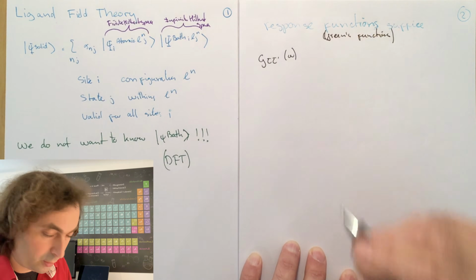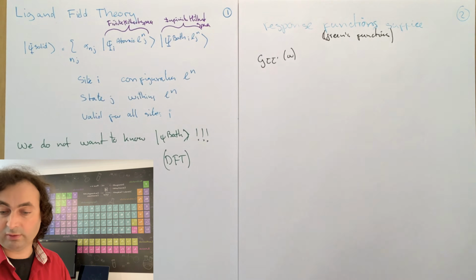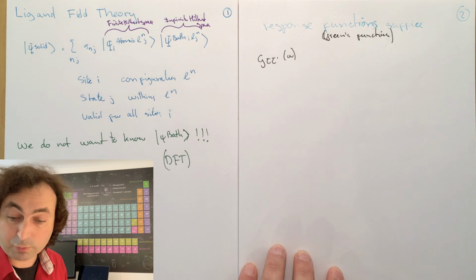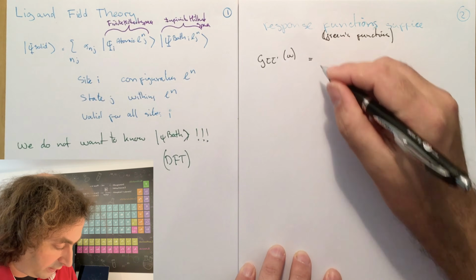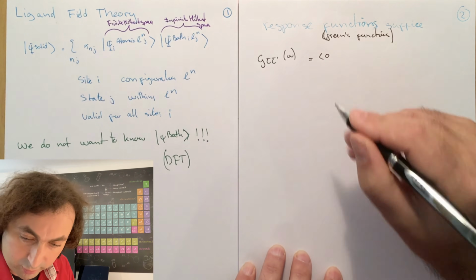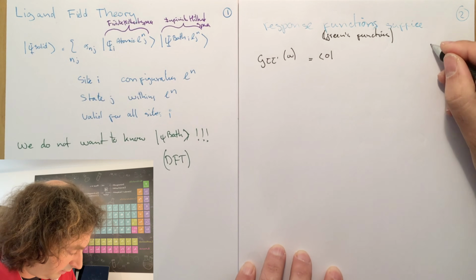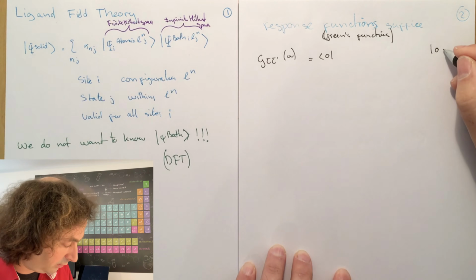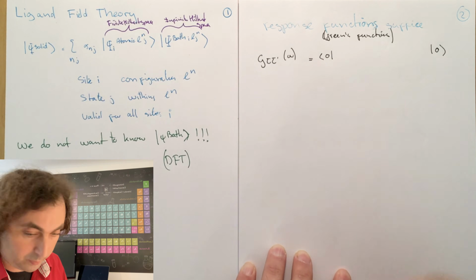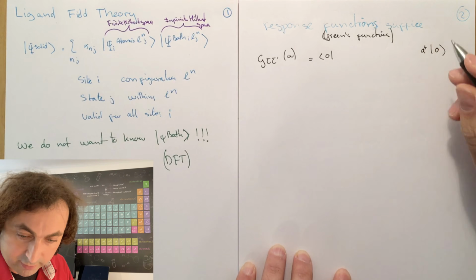And of course, with the use of the Green's functions, we can always reconstruct the response functions. And we can look at the one-particle Green's function, where you start in the vacuum and create one particle.